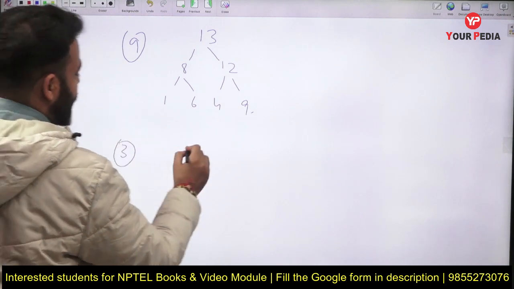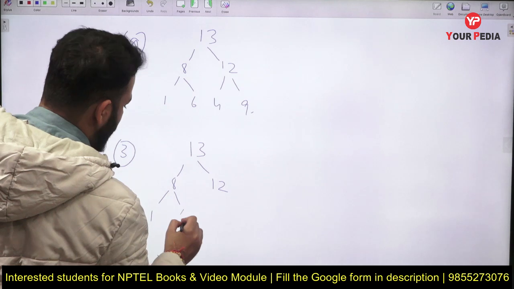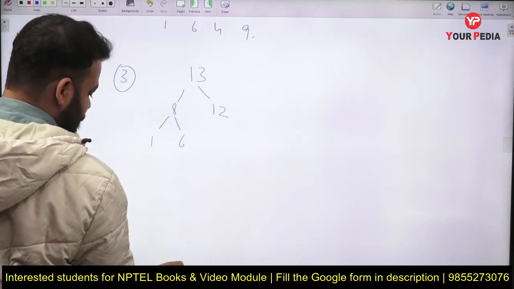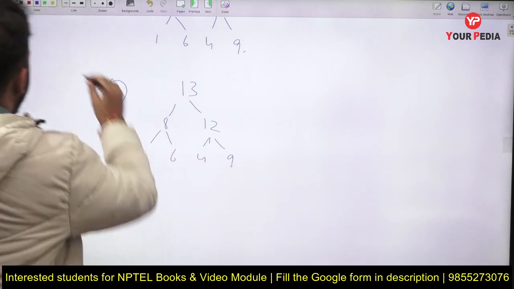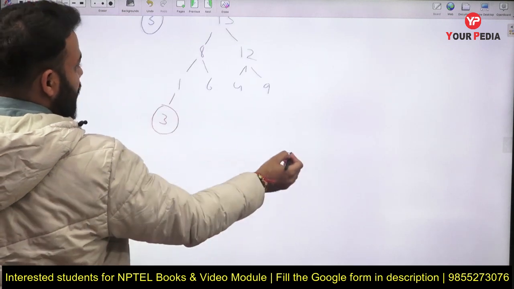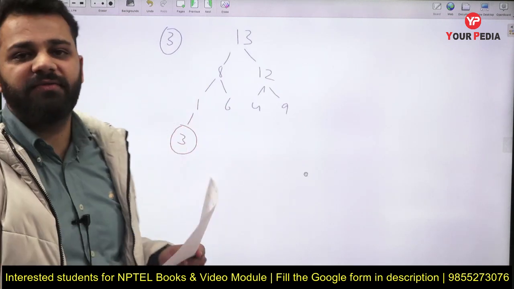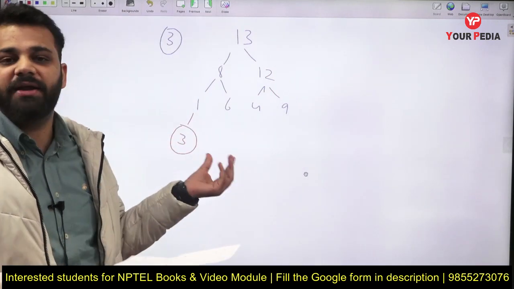So when the 3 comes here, 13, 8, 12, 1, 6, 4, 9, and the 3 will create a problem here because the parent of 3 in this case is 1 and 1 is not greater than 3. So the parent should be greater than the child value.